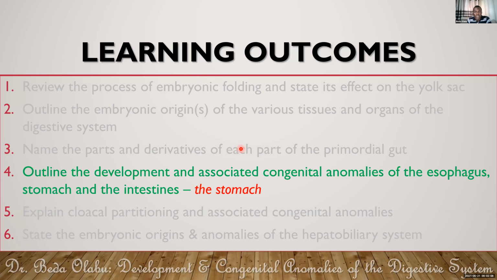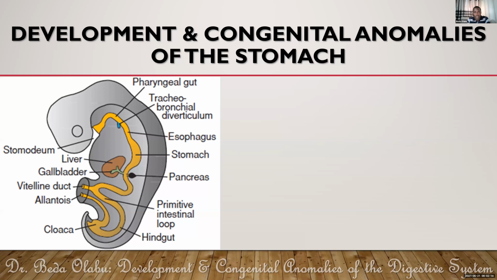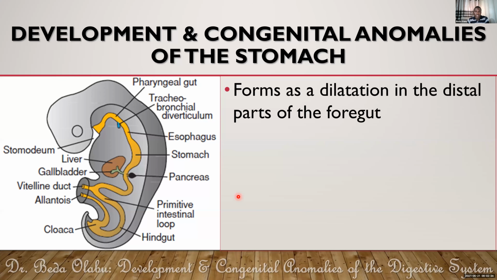Now let's develop the stomach. Again, in terms of site of origin, remember it's a foregut. In terms of tissues of origin, endoderm, splanchnic mesoderm, and neural crest. With the entities they give you, we have already explained that one, so I'll go straight to the sequence of development.